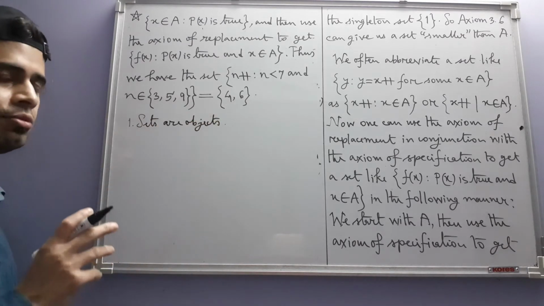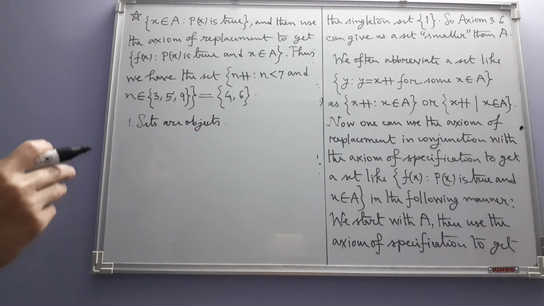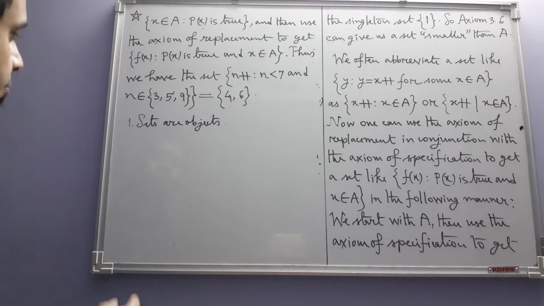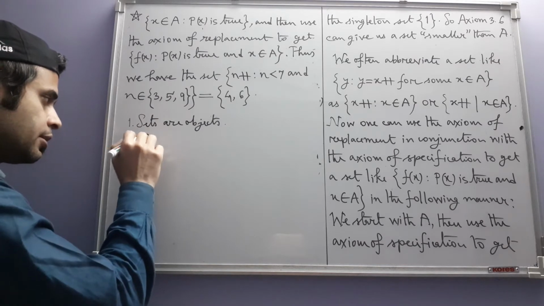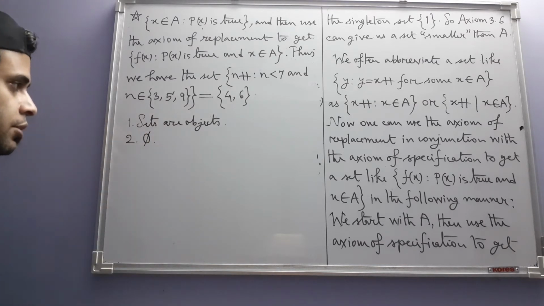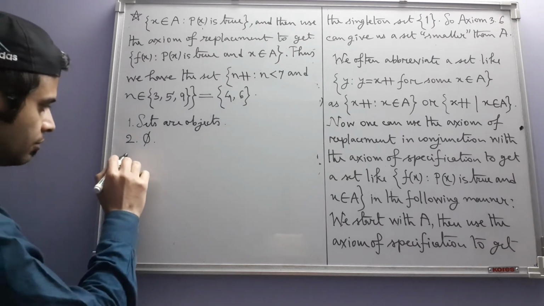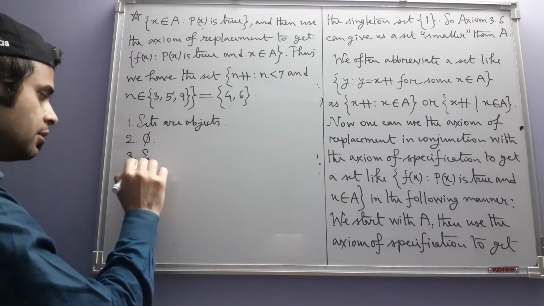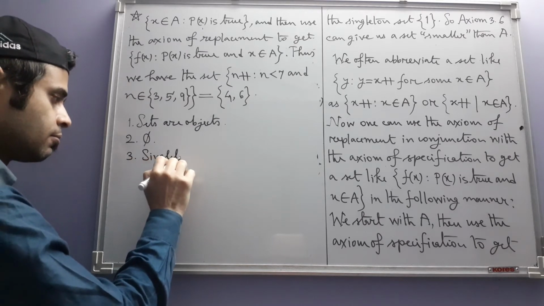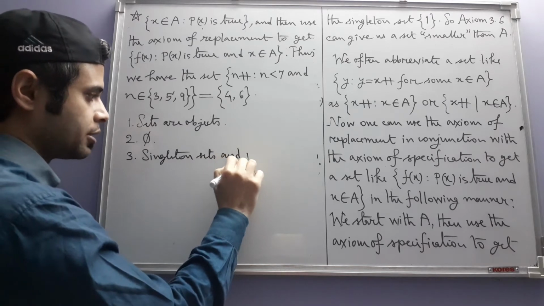In particular, if we are given two sets, then we can legitimately ask whether one of them is an element in the other or not. The second one is the axiom which postulates the existence of an empty set, which later turns out to be unique because of our definition of equality of sets. The third axiom says that there are singleton sets and pair sets.